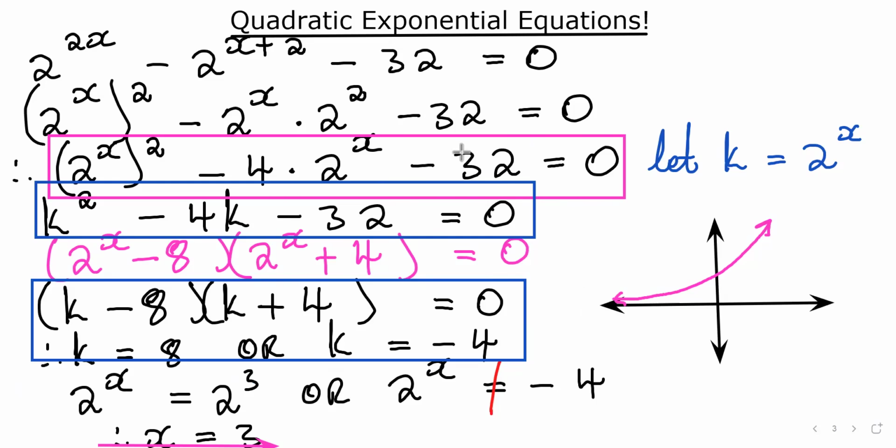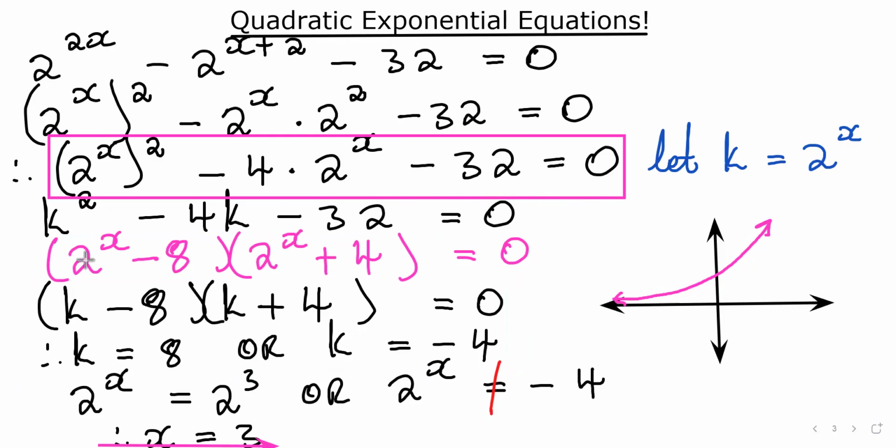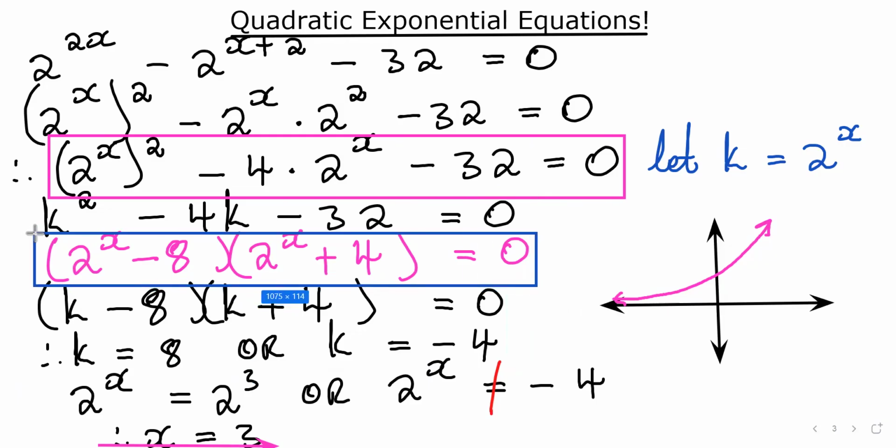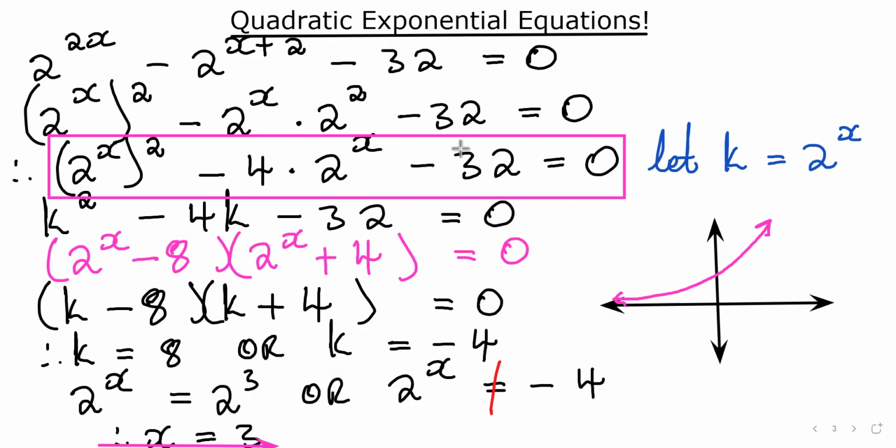But if you're using the k substitution method, then this pink part is not going to be there. So that is the difference between those two. I strongly recommend you use the k substitution method. It makes life relatively easy. Yes, it really does.